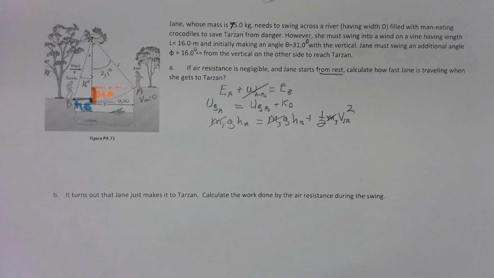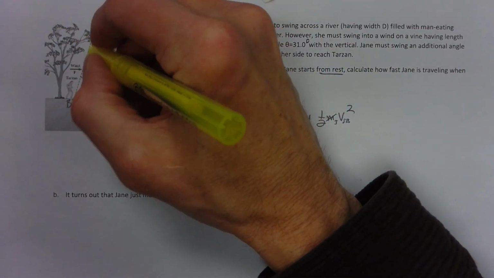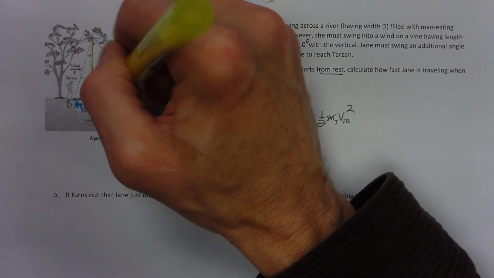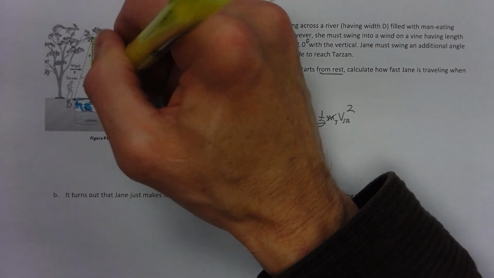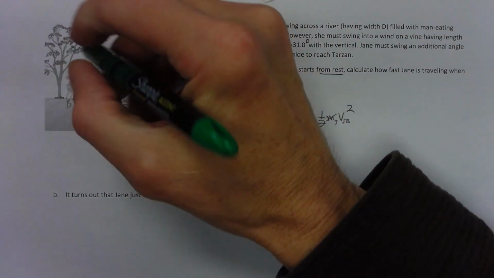And you might recall how we figured that out. Is we took the entire length of this rope. The entire length of that. Which is also this. And we could calculate the cosine of that.